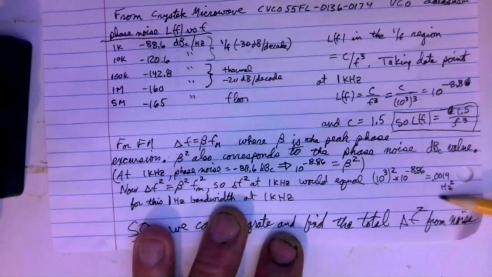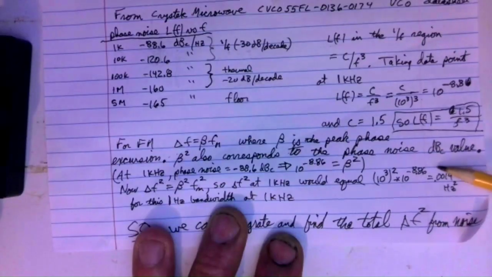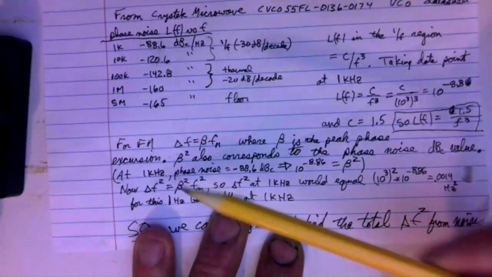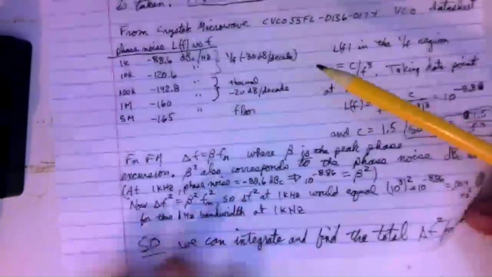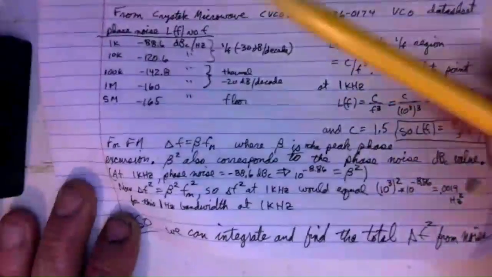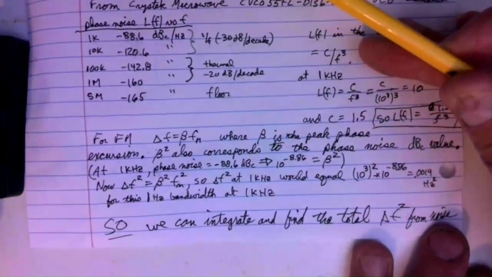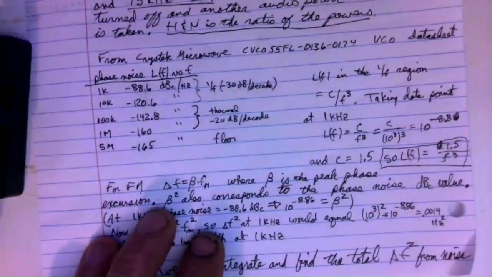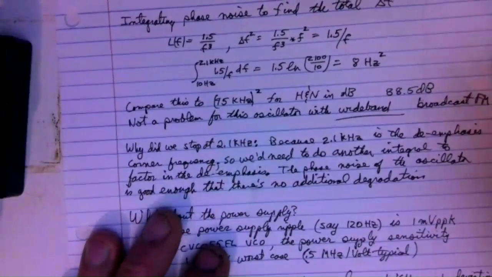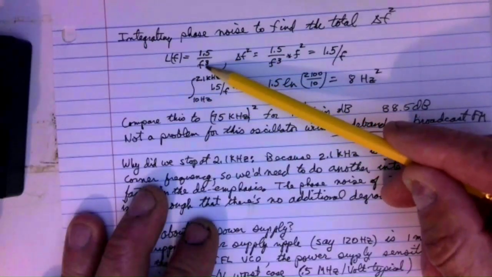That's what we care about. So now what we need to do is integrate. We want to know all of the noise that we're going to have, not just from that little 1 hertz bin. So we can integrate and find the total delta F squared from the noise. And it's an easy integral to do, so don't panic just yet. So what are we going to do? Here's our L of F, 1.5 over F cubed.